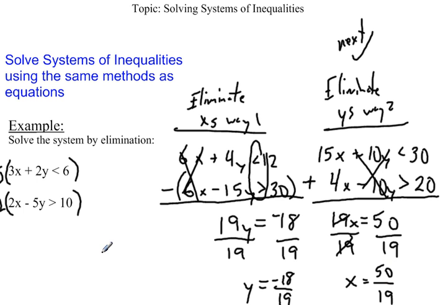Now, hopefully you followed that process to where that made pretty decent sense. Especially, I wanted to do this one last, especially as compared to the substitution method. The elimination method just inherently is simpler on some of these more complicated ones. So we got 50 over 19 for x, negative 18 over 19 for y.